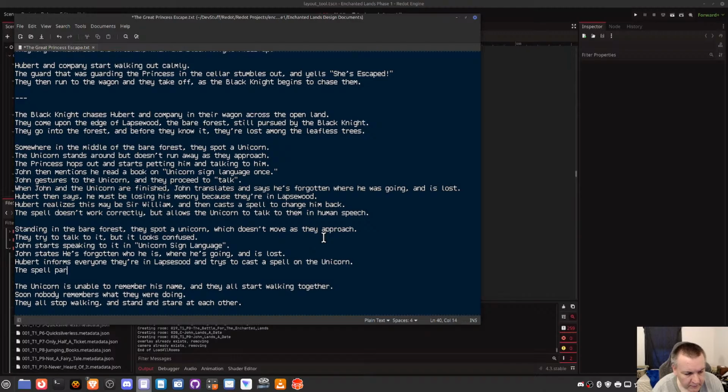Spell partly works, and allows the unicorn to speak in human.